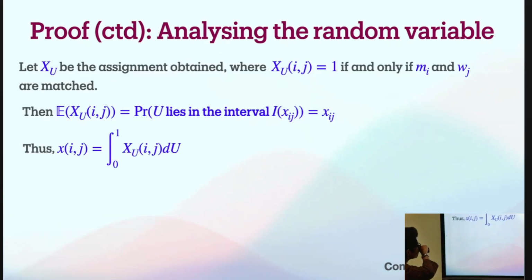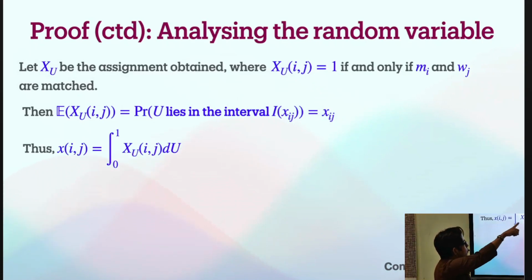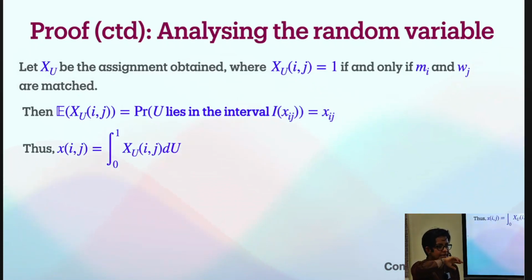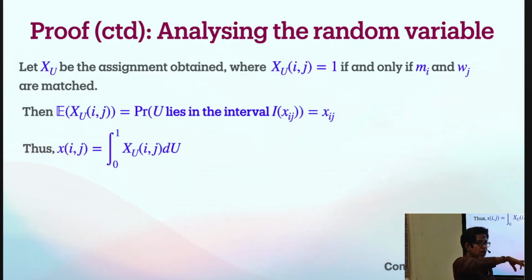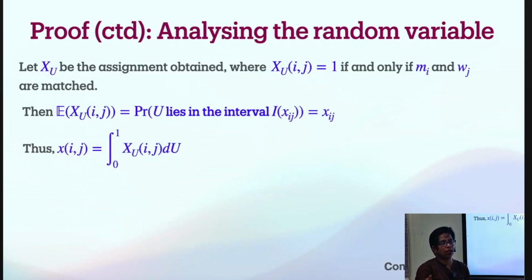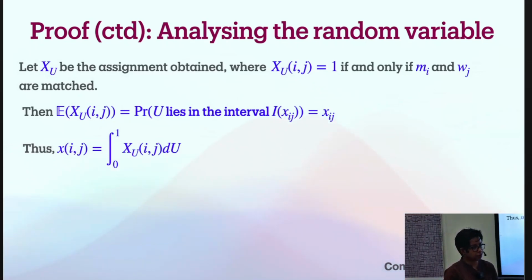Now what? So, notice X_U as an assignment is composed of these random variables for i and j's, this sort of indicator random variable whether i is matched to j or not. So, if I tallied up all the pairs of i and j, I would get back X_U. Okay?